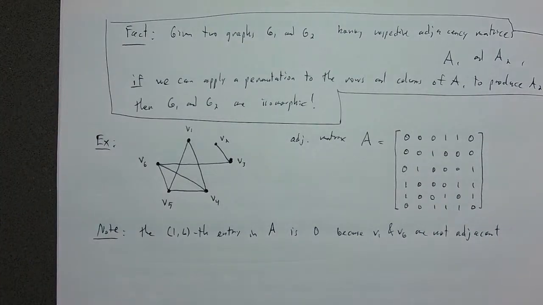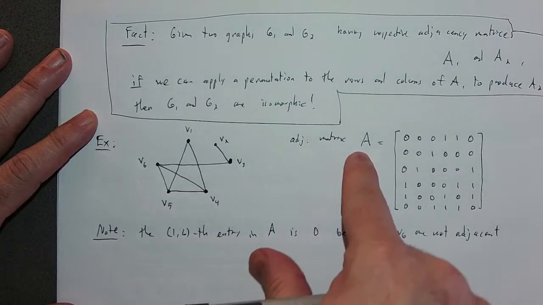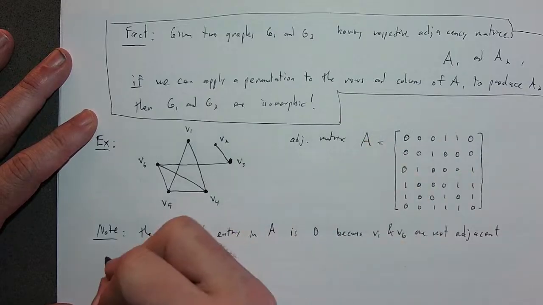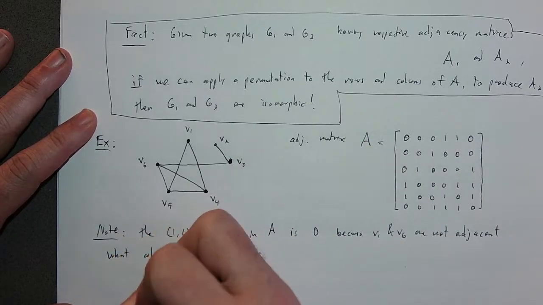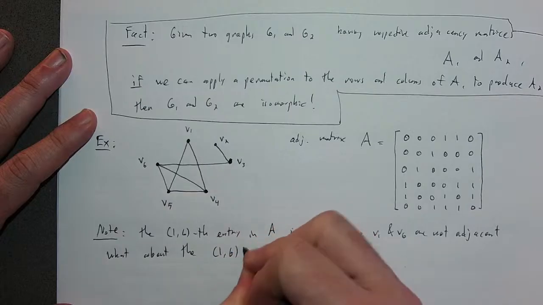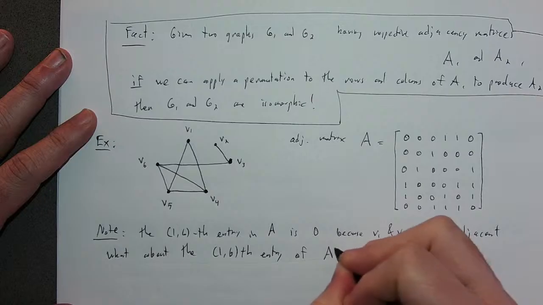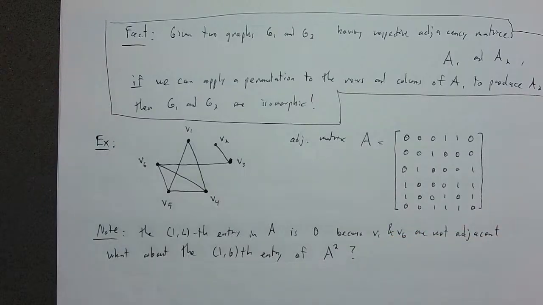Okay. But what about the 1/6 entry of the matrix A times itself? Now, this is a 6 by 6 matrix, and it's filled with all zeros and ones, so it's not so bad.